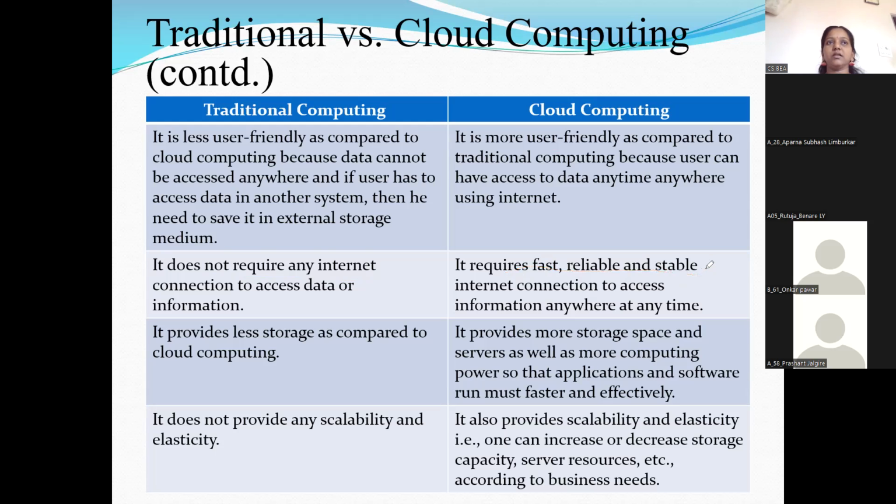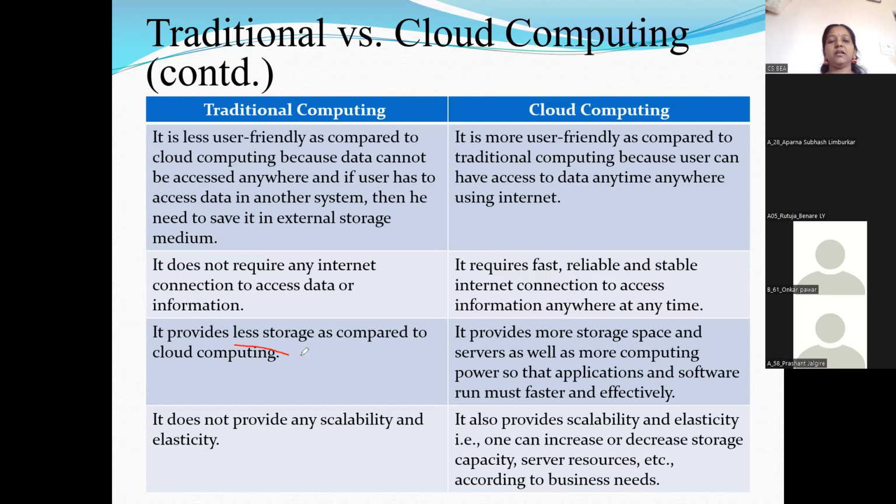If your task is an ongoing process, where you need to take updates every second or every fraction of a second, at that time you must have a fast, reliable, and stable internet connection. If it is not viable, then you will not get proper data at your required time, isn't it? So this is the condition in the case of cloud.